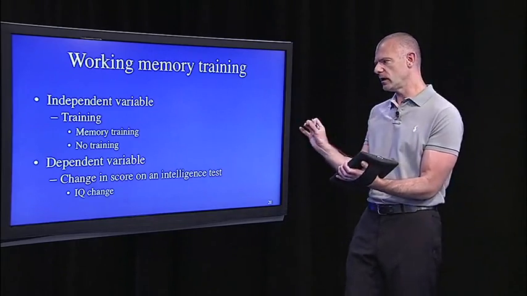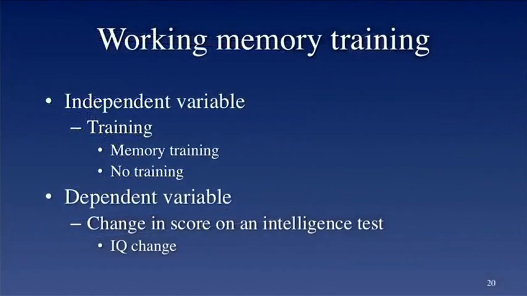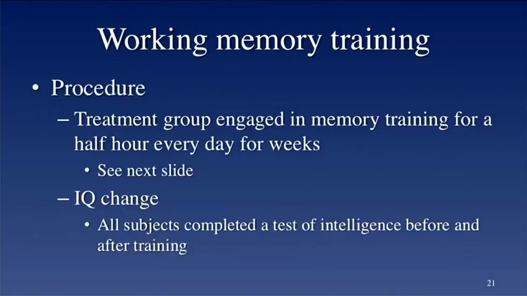So the dependent variable here is change on that intelligence test, or IQ change. The procedure for the training group: they came into a lab every day for half an hour a day, and they engaged in a memory training task. I'll show you more specifically on the next slide what that looked like.